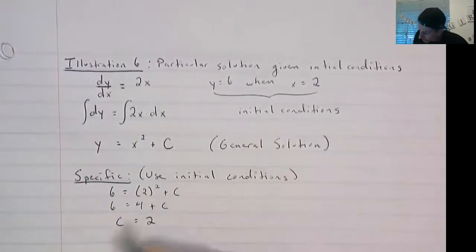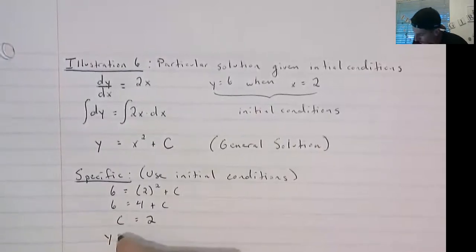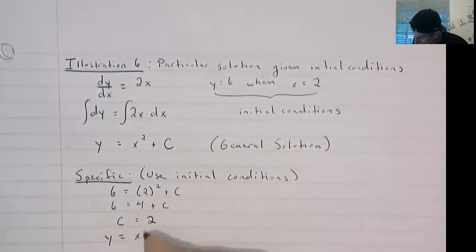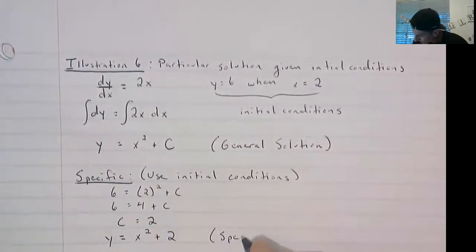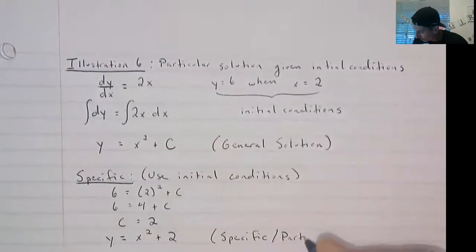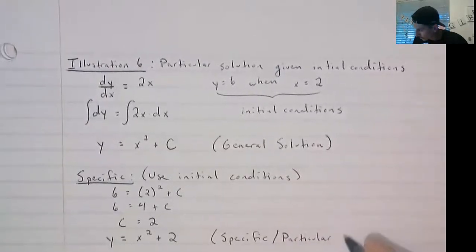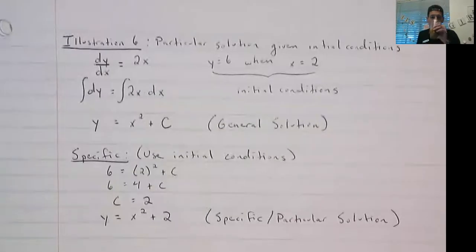And so our specific solution, or particular solution as it is sometimes called, is y is equal to x squared plus 2. Specific slash particular solution.